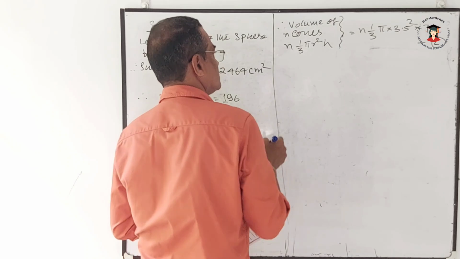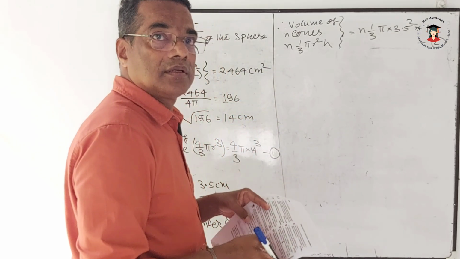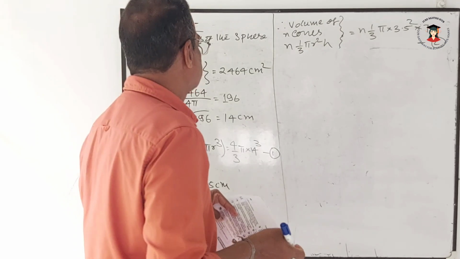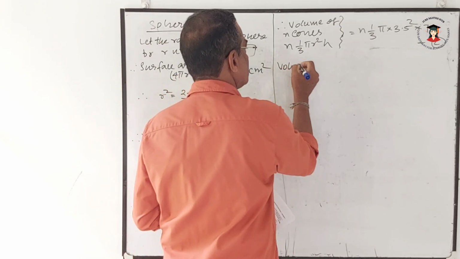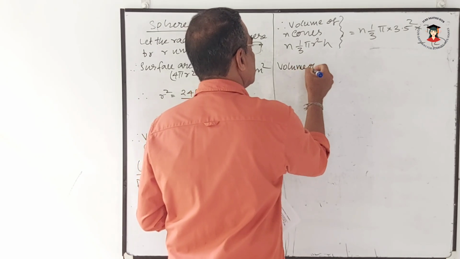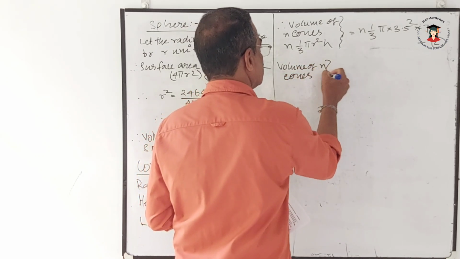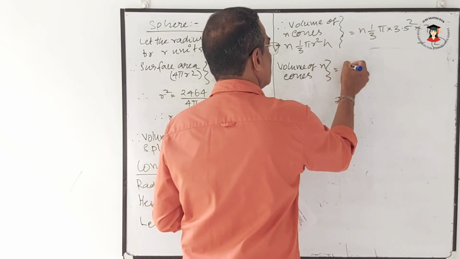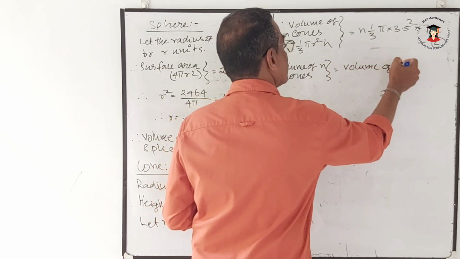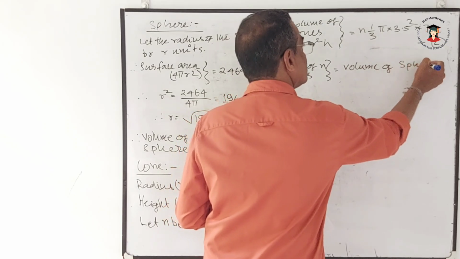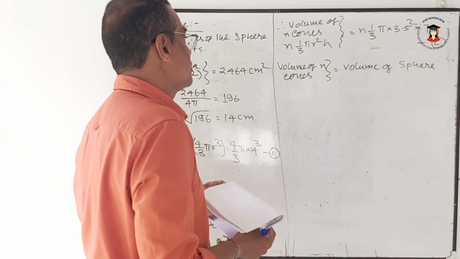Equating 1 and 2. That is, we need to write that key equation every time. That is, volume of n cones equal to volume of sphere. There is only one sphere and there are n number of cones.